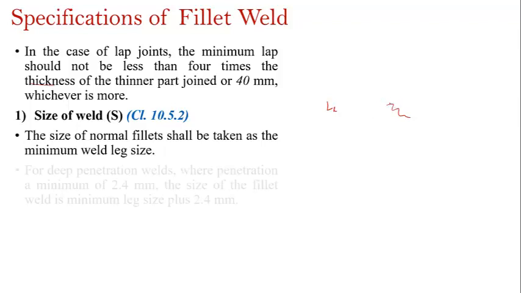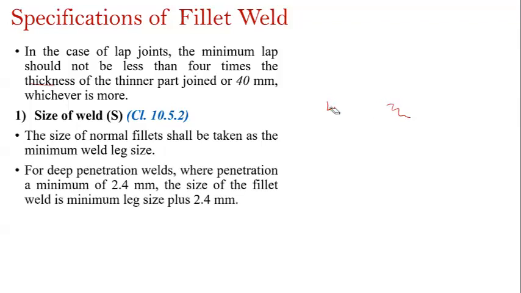So what is the second criteria? Technically, for deep penetration of welds, I have shown you an image in the previous slides which talked about the deep welds. Okay, we know a deep weld is a weld where the depth of penetration is greater than or equal to 2.4 mm.